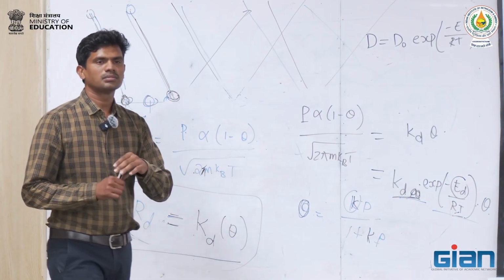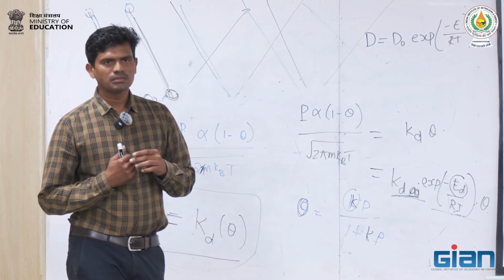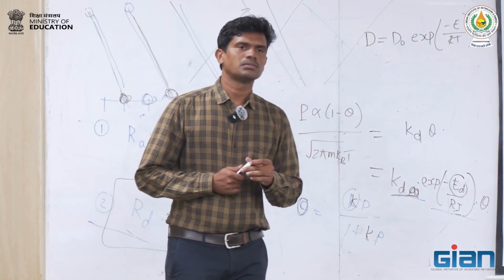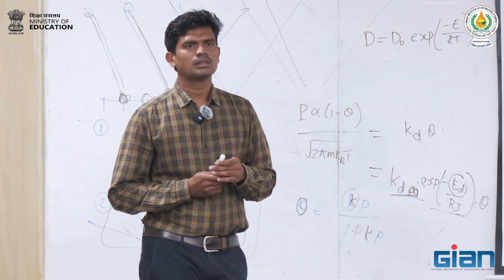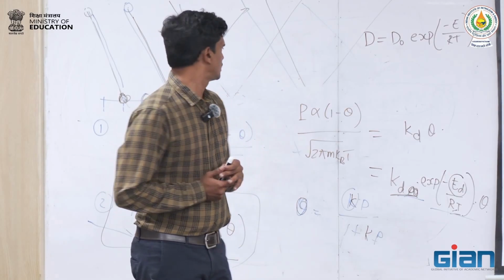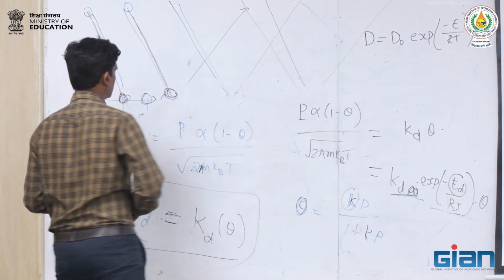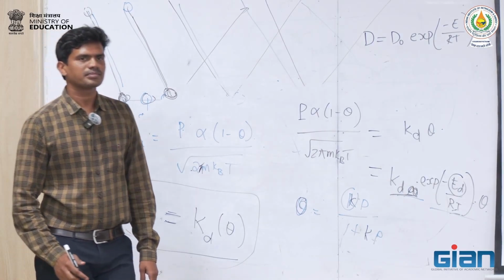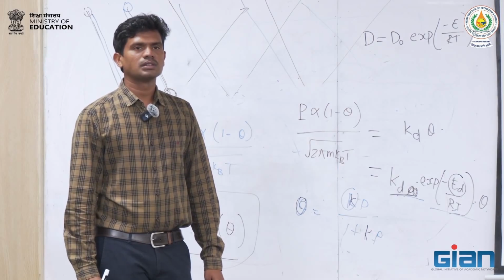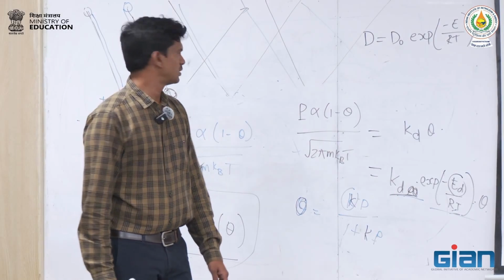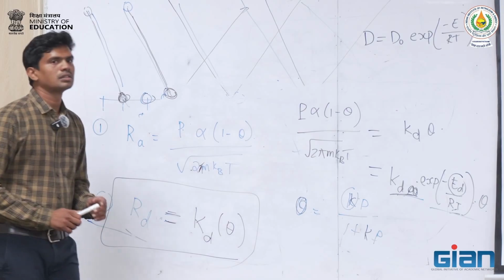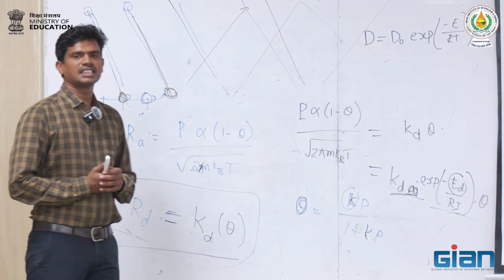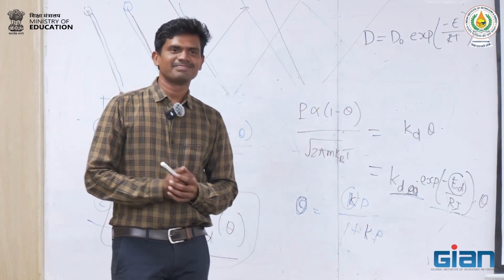So there is one question from an online participant: does this mean the lighter molecule will always adsorb faster or more? Rate of adsorption is inversely proportional to mass. Faster, we can say.